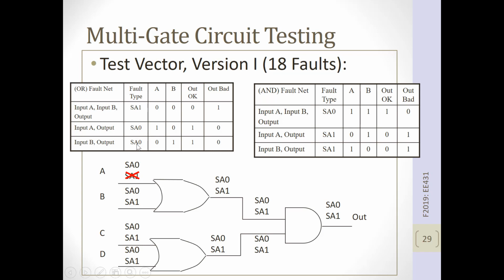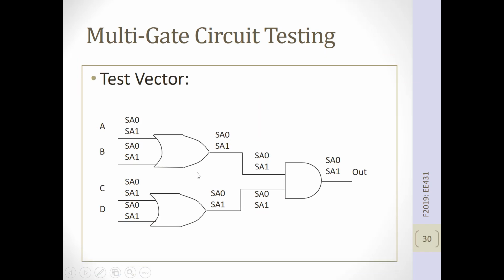And then for the stuck at 0, you have to test for a stuck at 0 fault at A. And for B, you have to test for a stuck at 0 fault at B. But doing either one of those tests also tests for a stuck at 0 fault on the output.